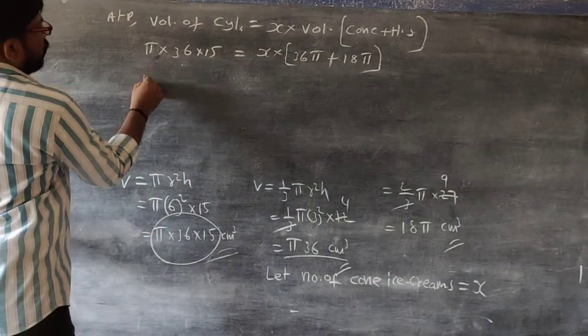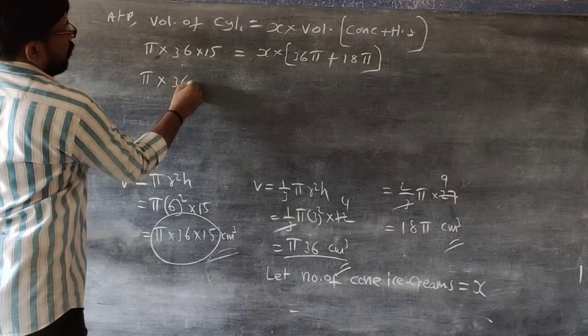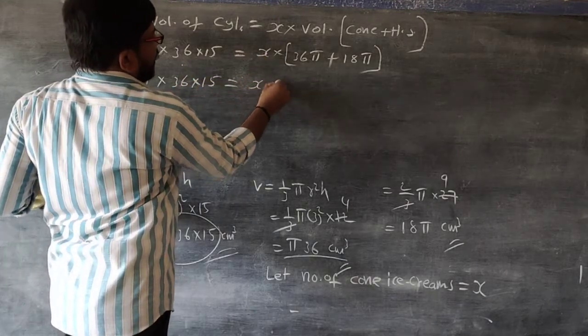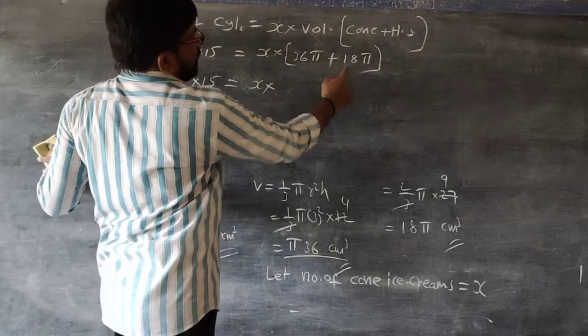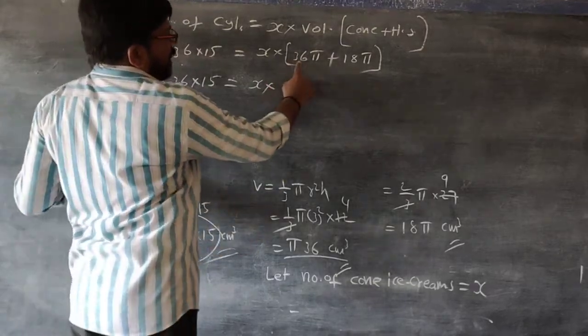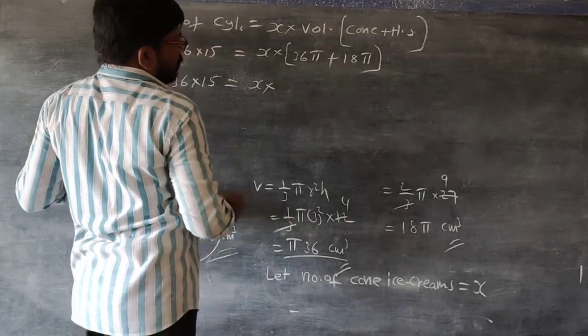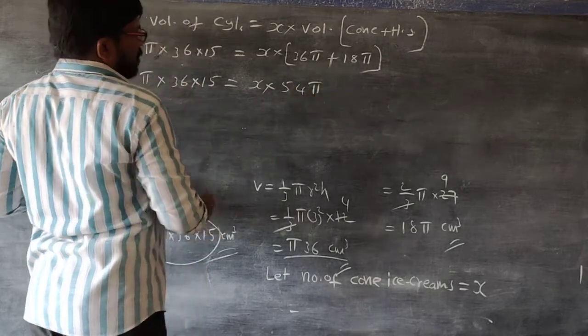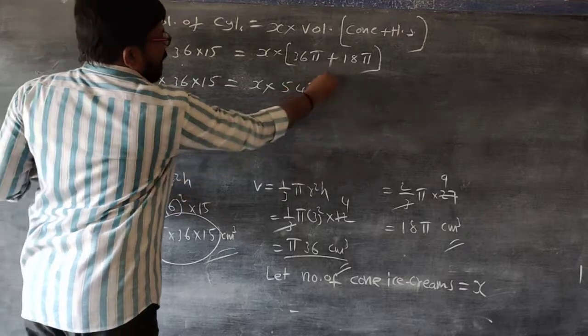So pi into 36 into 15 is equal to X into 36 plus 18, 54 pi, right? So both sides pi get cancelled.